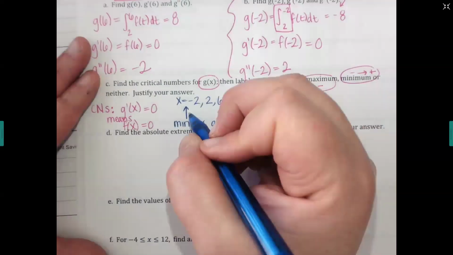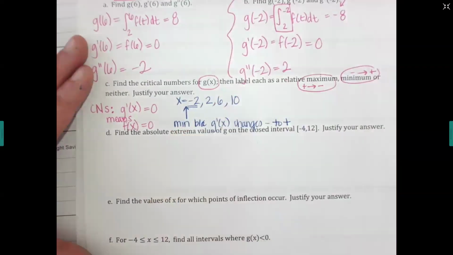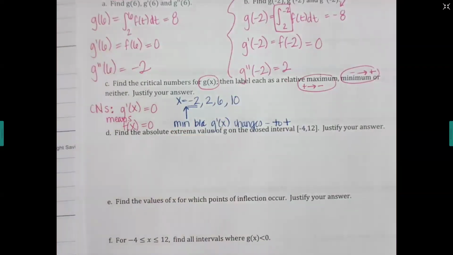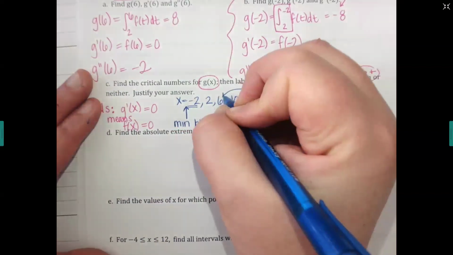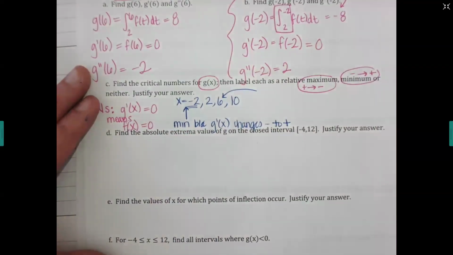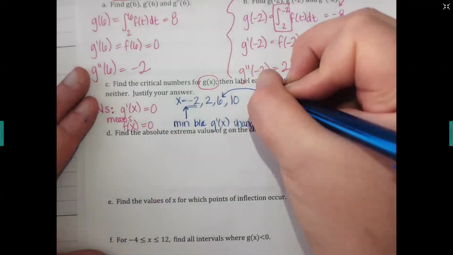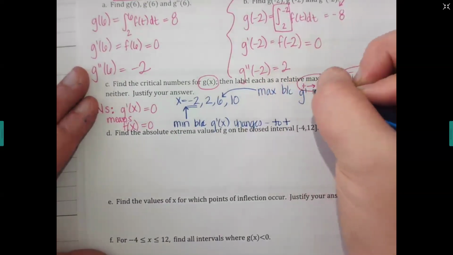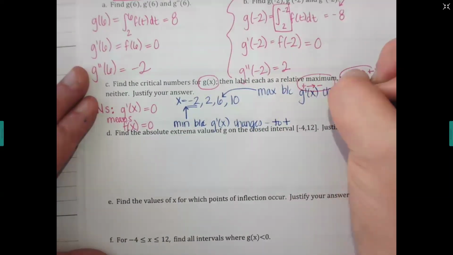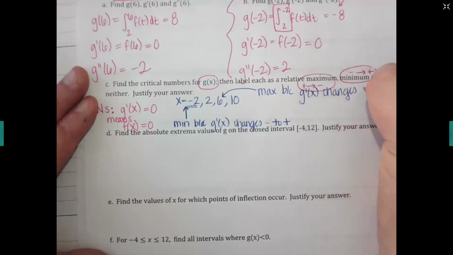Okay, that's really supposed to be pointing to the negative 2. Now let's do 6 next. Okay, for x equals 6, what did we say that one was? A max. Because g prime of x changes plus to minus.